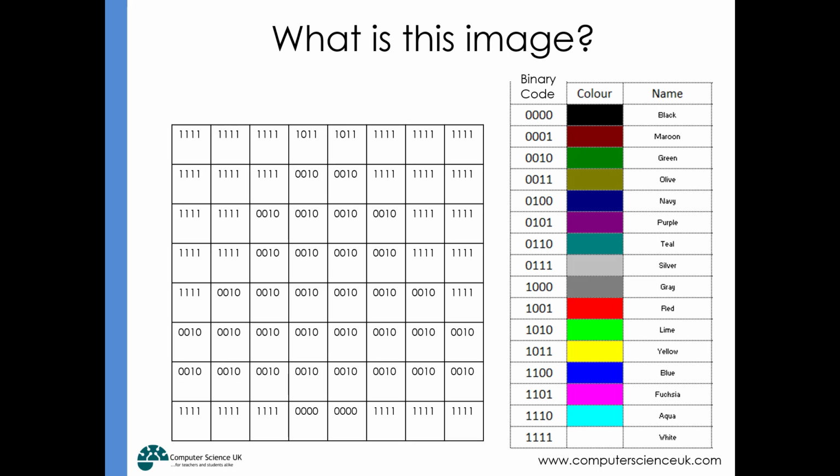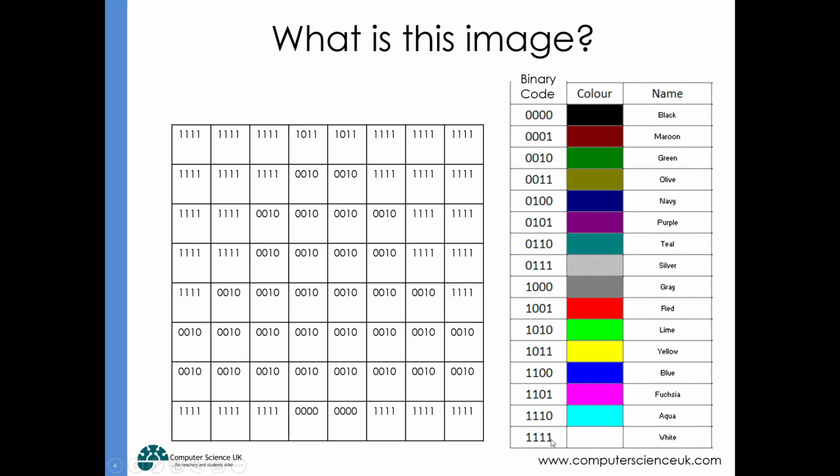Here we've got an example of a 4-bit bitmap. That means that 4 bits are used to define the color of each pixel. What we've got is the different binary codes for the different colors here. If we wanted to know what color this pixel would be, we can see that it's 1111.